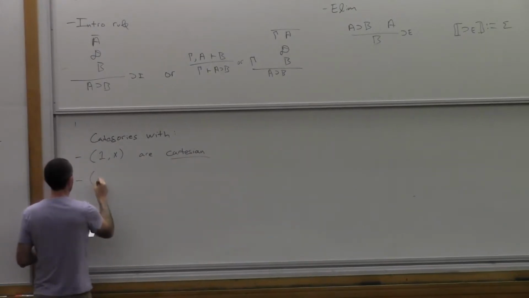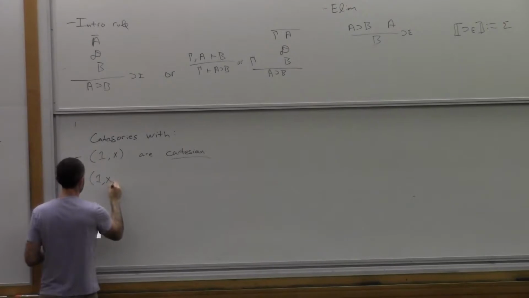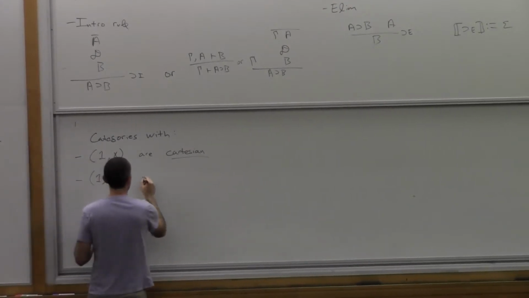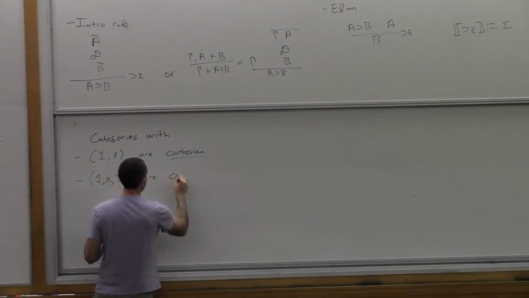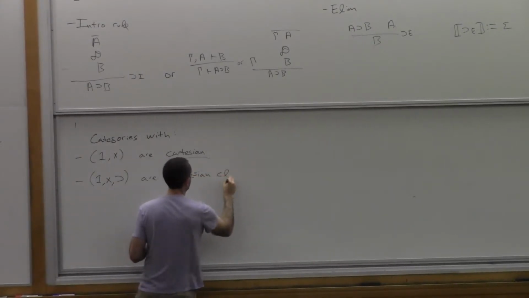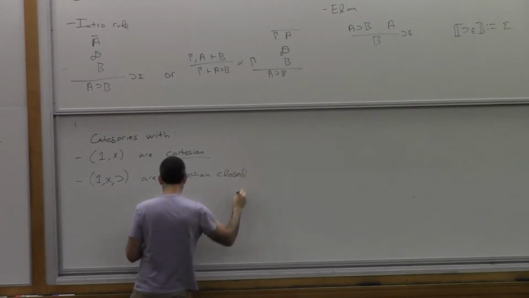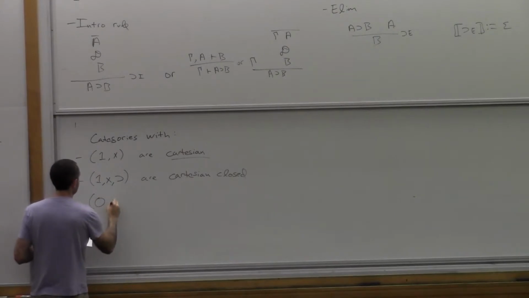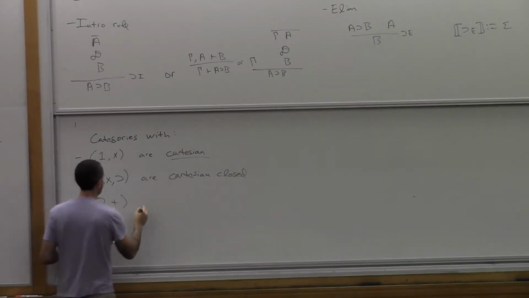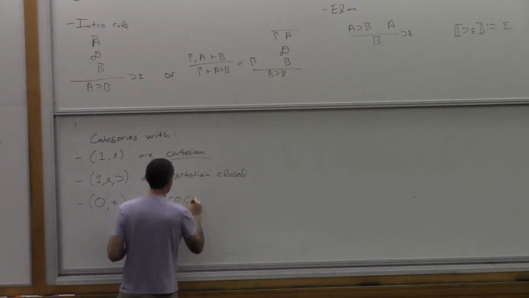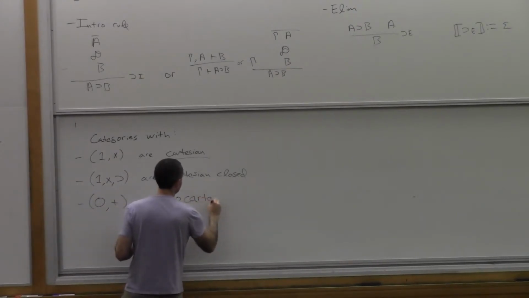If we have, in addition, exponentials, those are Cartesian closed. If we have an initial object and a coproduct, that is finite coproducts, those are co-Cartesian.